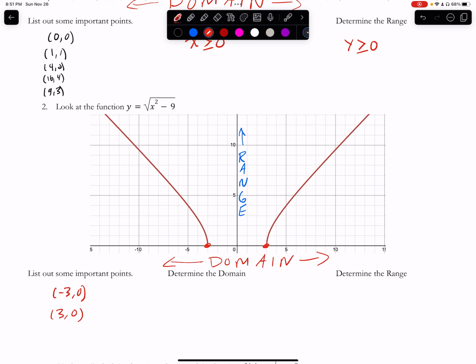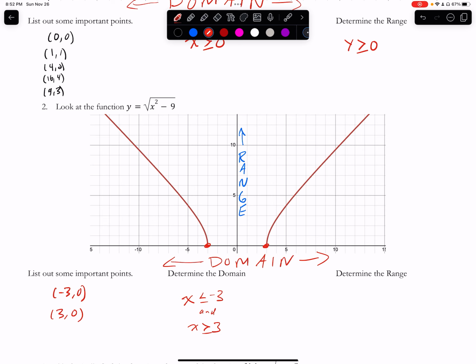So you could say x has got to be less than or equal to negative 3, and x has got to be greater than or equal to 3. There are a couple of different ways to write that notation, and this is totally acceptable for us.